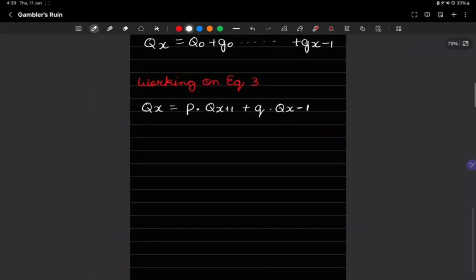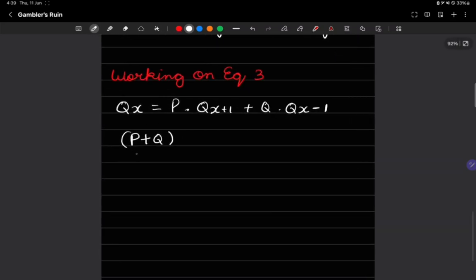Here we can tweak this equation with these two probabilities, to be precise.